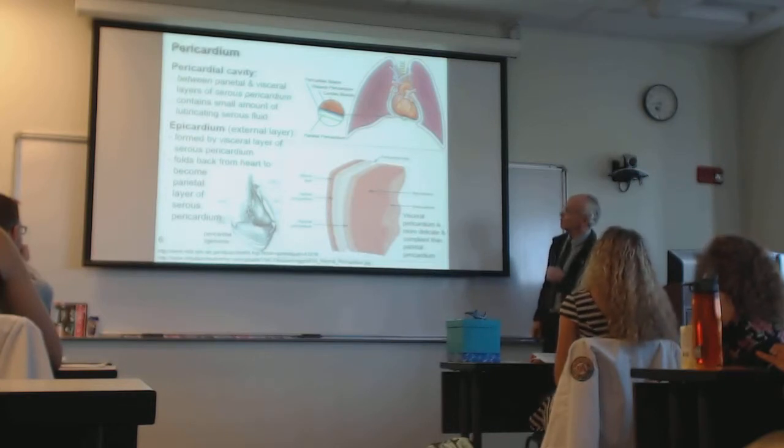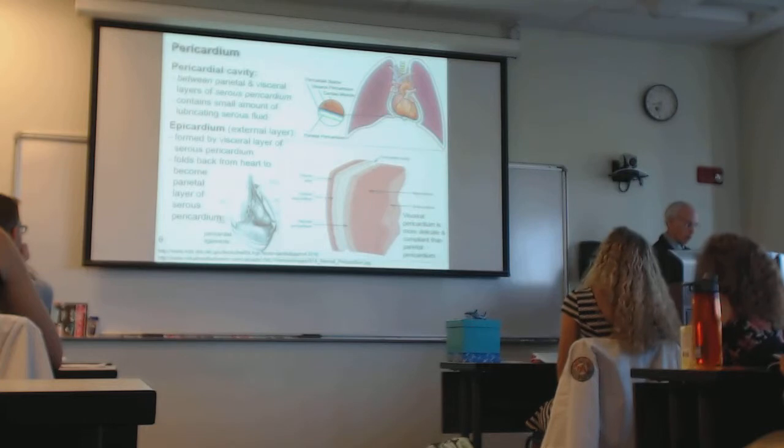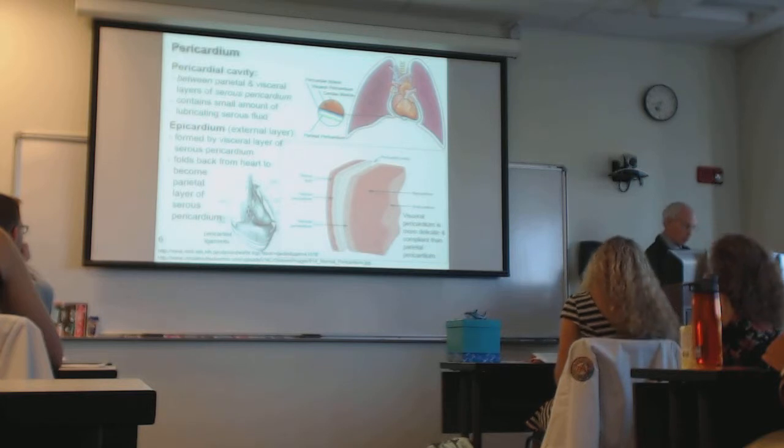So in reality, the two layers of this serous membrane come together apically at the roots, or at the base of the heart. Again, this is the myocardium, this is the endocardium here, and we call this the epicardium, which is a layer that's really continuous with that light-colored layer.